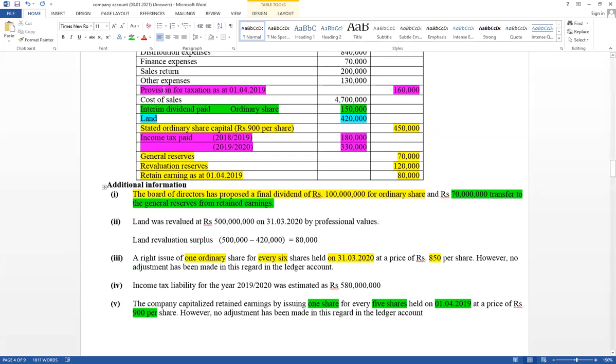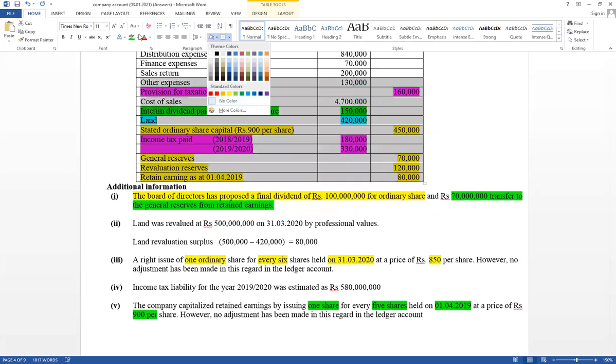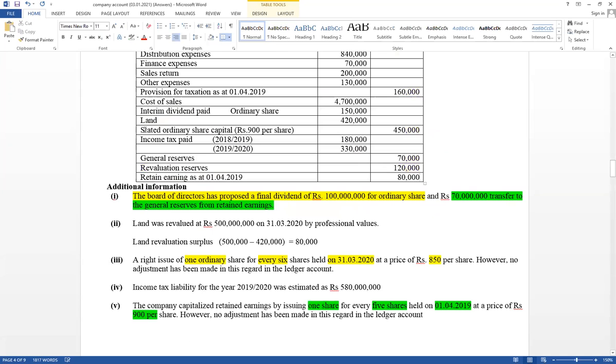In the trial balance, it has not given the number of shares. It has given the per share price. From the beginning, you have to calculate the number of shares. Now think about this part. It has given the per share price. Number of shares is not given.